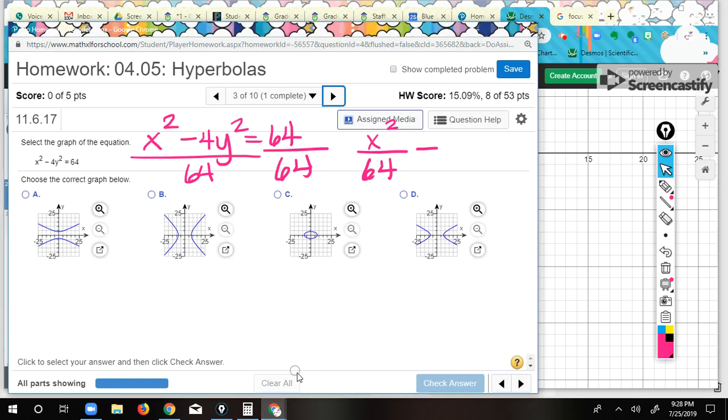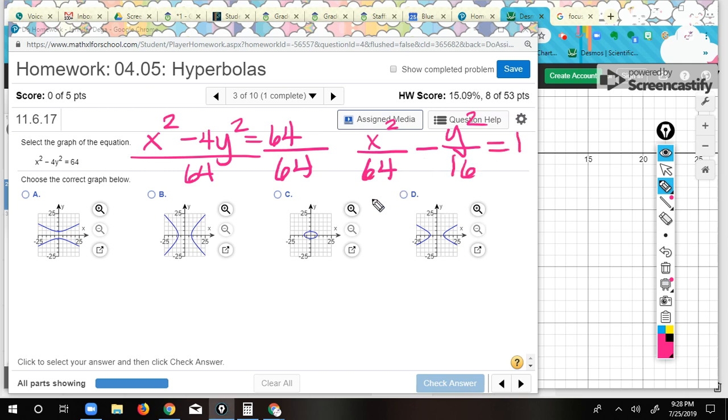Okay, so if we divide by that 64, this puts it in that format where I could take the square root. So the x-axis should have intercepts at plus or minus 8, and on the y-axis, from there, you should go up 4, down 4. So we should have points at 8, 4, and all that good stuff. I'm thinking it's between B or D here.